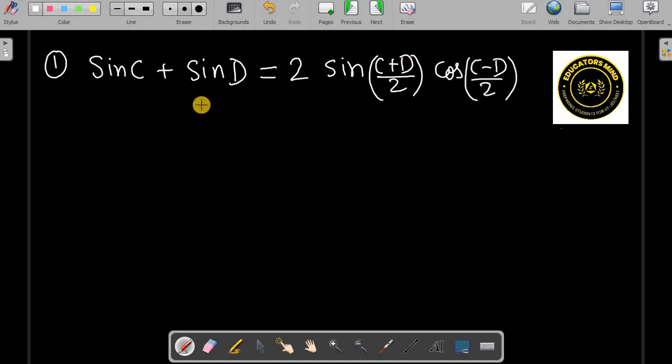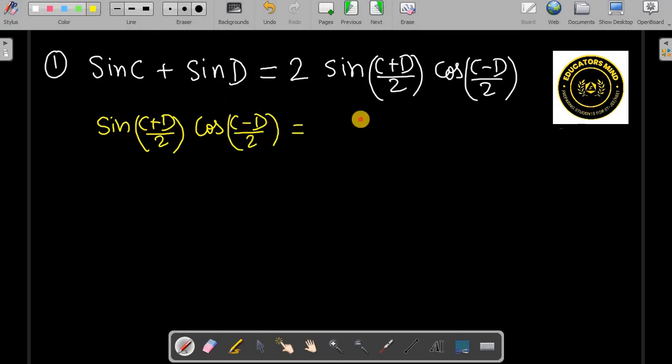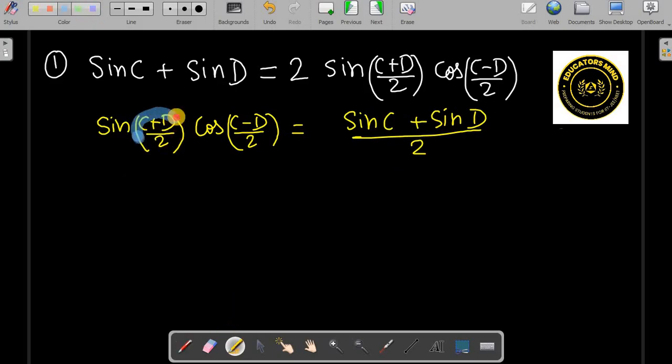And this can also be transformed in different ways. For example, if I write just the reverse, I can also write sine of (C plus D) by 2 cos (C minus D) by 2 as (sine C plus sine D) by 2. And if you see, when you add this angle (C plus D) by 2 and this angle, you are getting C. So you can write this in terms of some other letters also.